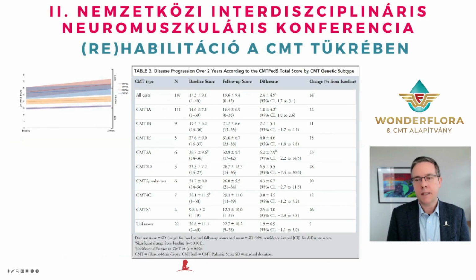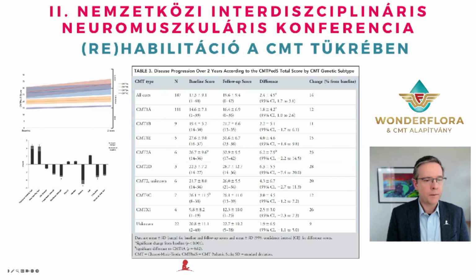And so that's, as we would expect, patients with CMT2A are a little worse and they progress a little faster. And this scale can pick that up. So that's really important when we're looking at including this type of measure in clinical trials, because we want to make sure that we measure the severity of the disease, the progression of the disease, and then most importantly, the response to treatment.